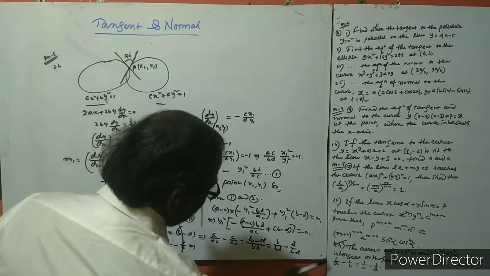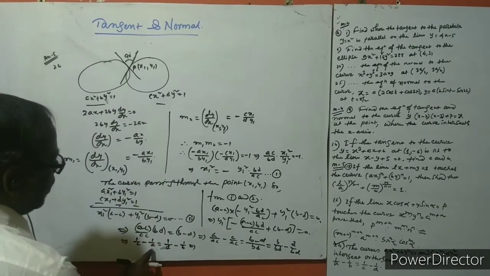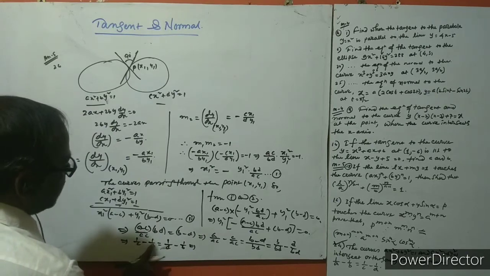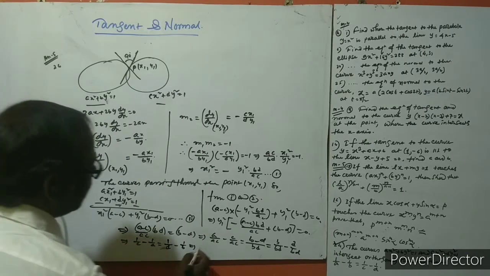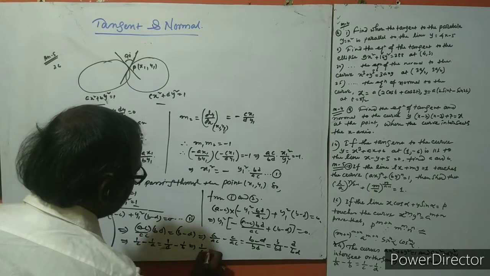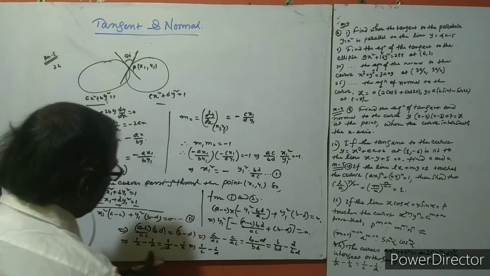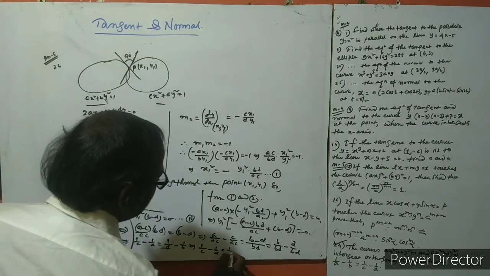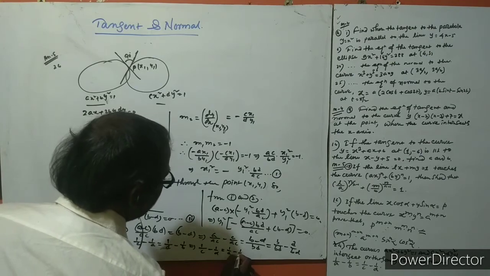So 1 by a minus 1 by b. This 1 by a is transferred to the left hand side, and 1 by d and 1 by a are shifted to the right hand side. Then you get the answer.